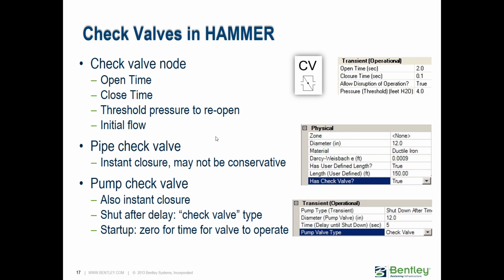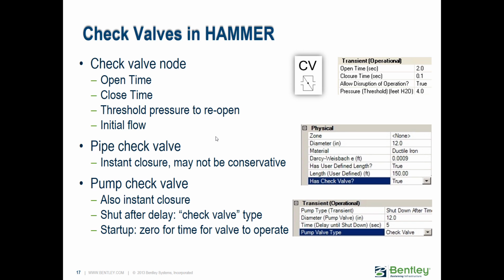You can have some interesting behavior here, because if you assume an instant closure like you would with a pipe check valve, as you can see in the second example, or even the pump check valve, those are assuming an instant closure. That could actually not be conservative, because the water column is essentially at rest at that instant that it first starts reversing.